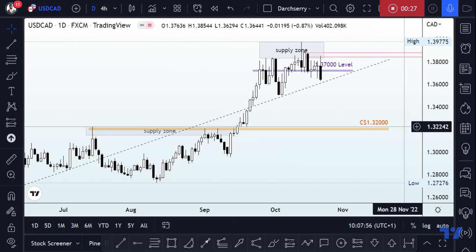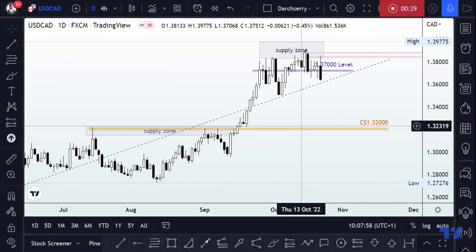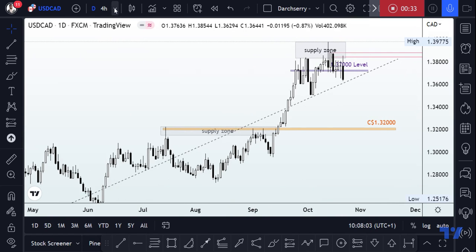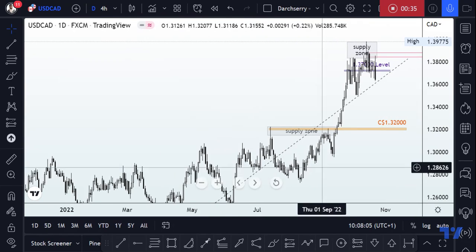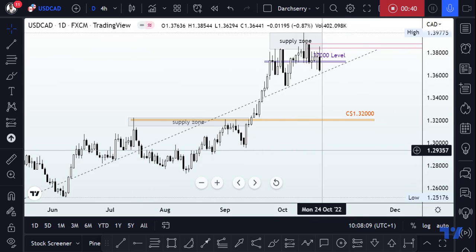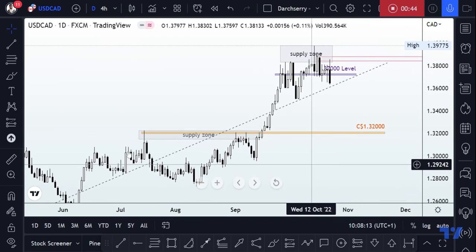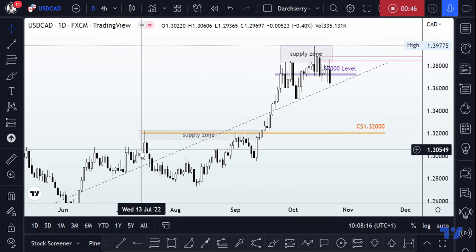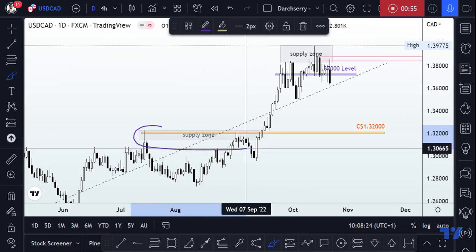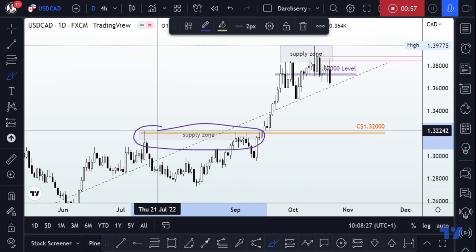Looking at the structure we have here on the daily time frame, the first thing we will observe is that price action has been on a very strong bullish momentum since the beginning of the year. However, something interesting happened from July through the early days of September, as we can see that the 1.32 Canadian dollar level was holding selling pressure in this market.